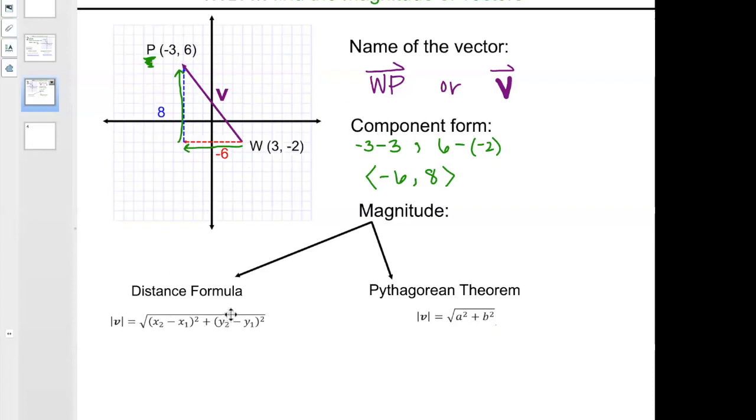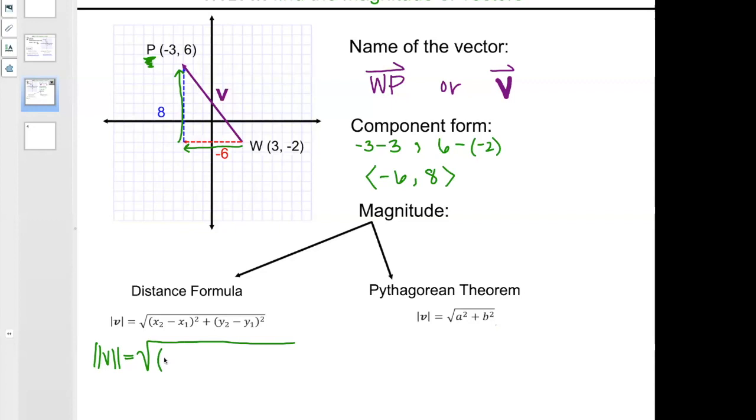Now, how to find the actual magnitude. If we only had these ordered pairs, we could find it with distance formula. It's going to look very similar to finding the components, except we add in the squaring and square rooting.